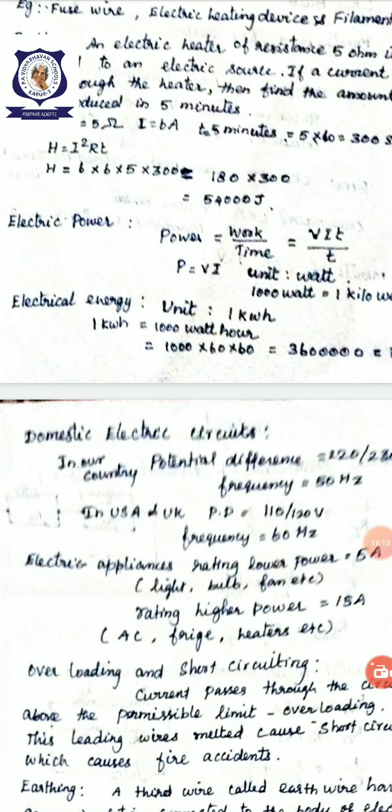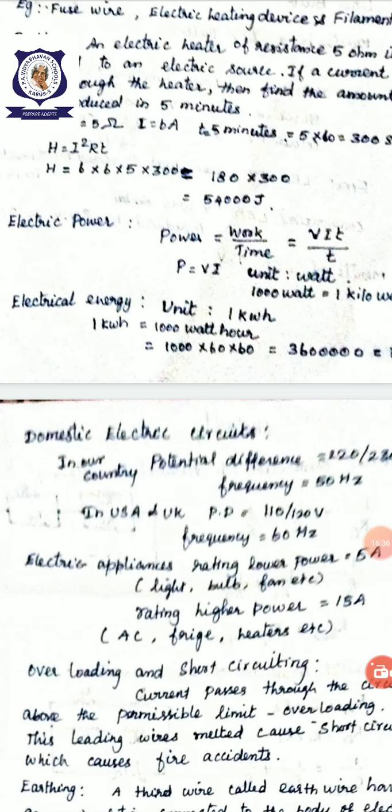What is 1 kilowatt hour? It is the unit of electric energy. That means 1000 watts is used in 1 hour, then the energy consumed is equal to 1 kilowatt hour.